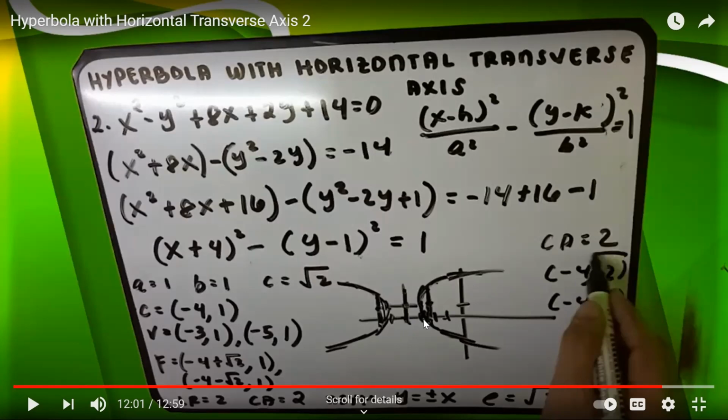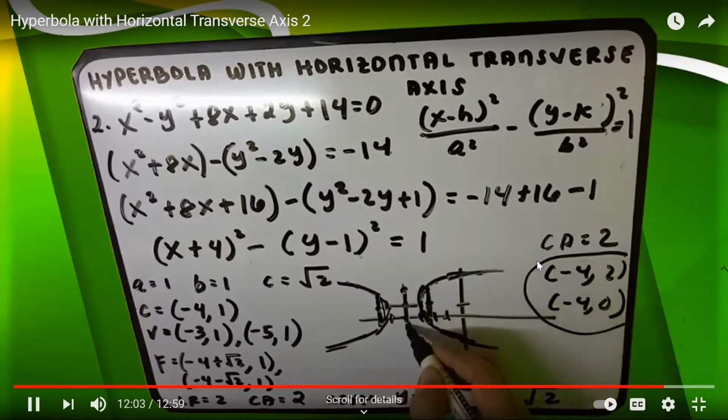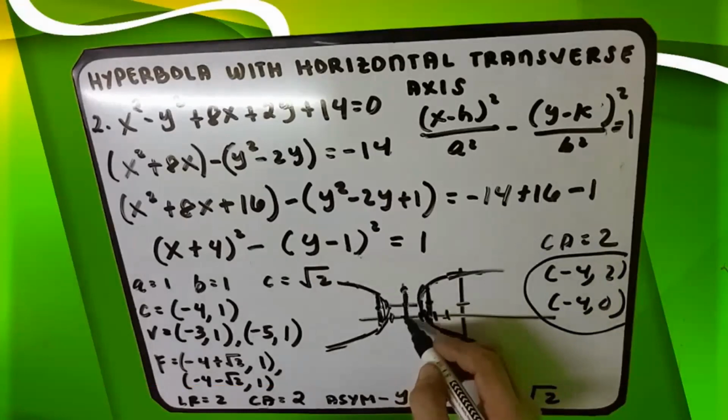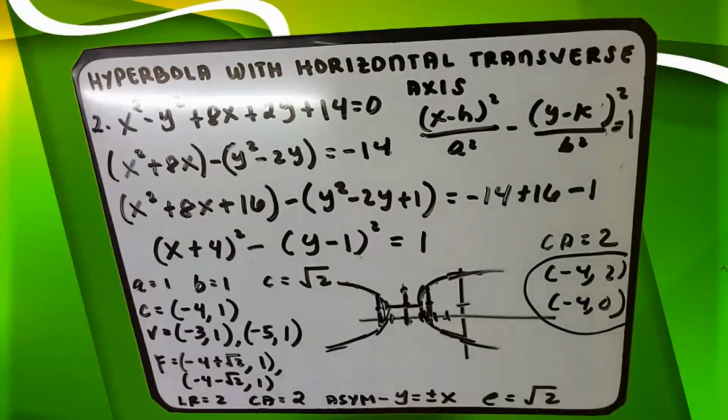And then for the y-ordinate, we have 0 kasi tumama siya dito sa mismong x-axis. So length of the conjugate axis is 2. Coordinate of the endpoints of the conjugate axis is -4, 2 and -4, 0. Endpoints ng conjugate axis, horizontal transverse axis.